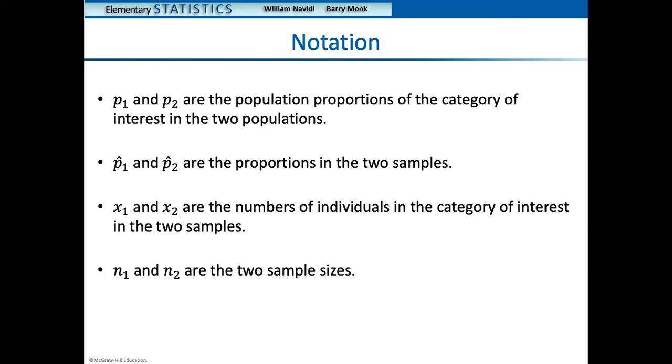Notation, right? This is all notation we've seen before, with the exception that because we're dealing with two populations, we use the subscripts 1 and 2 to delineate the symbols for each population.